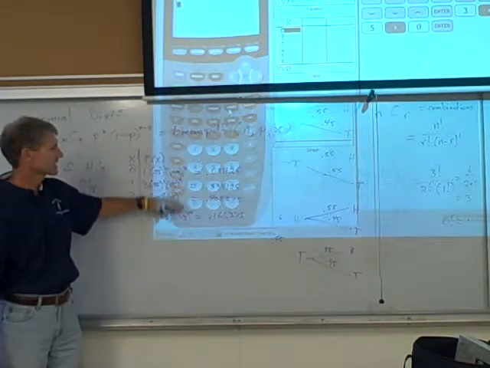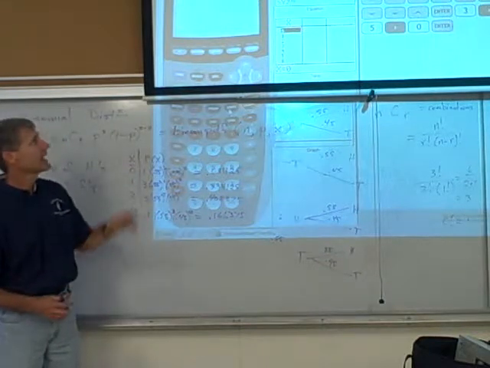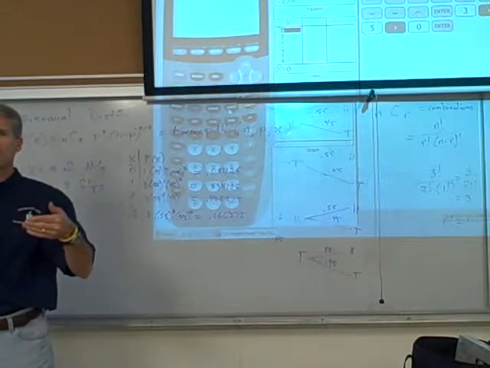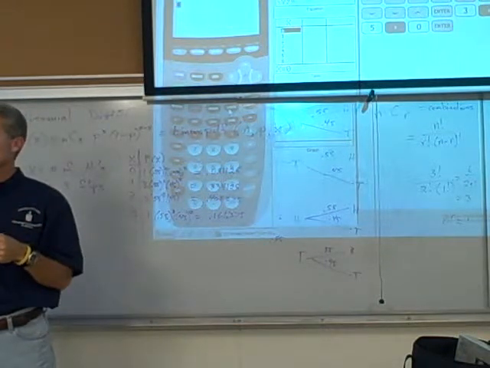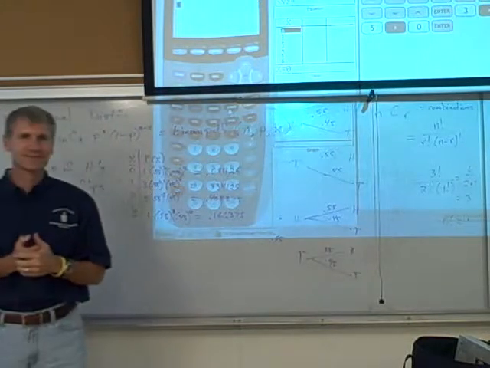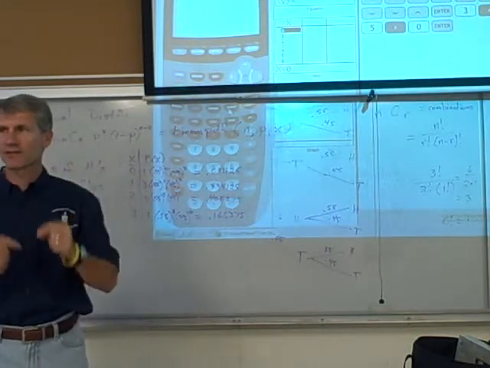Now go ahead and do the next one on your own. And by the way, you can hit second function enter and it'll pull up the last thing you did, and then you can just arrow back over the 0 and change it to a 1. Isn't that cool? Saves you going through all those menus and trying to find it again.